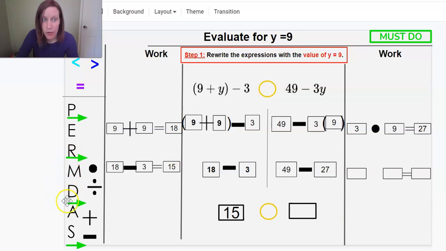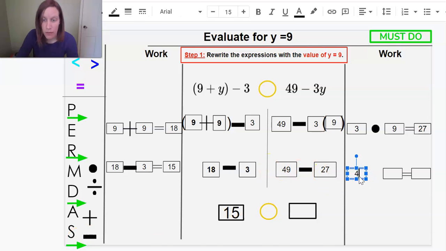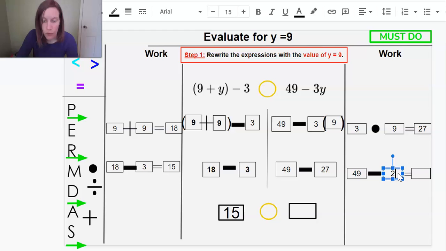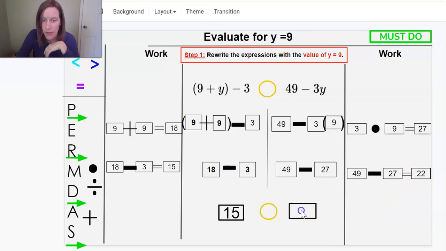So I don't have any more multiplication and division over here in my PEMDAS, so I move on to addition and subtraction, and I just have subtraction left. 49 minus 27, which is 22. So that's my final answer on this side. When y equals 9, 49 minus 3y is 22.